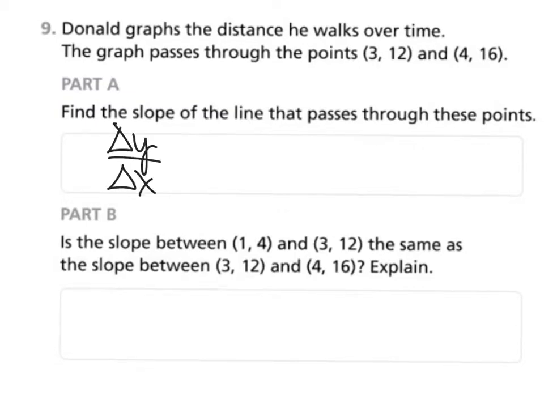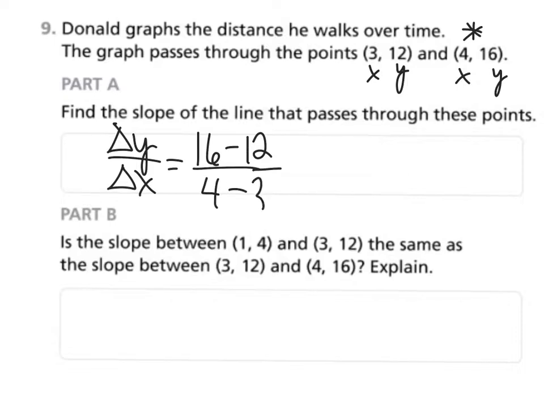So change in y over change in x, if we look at these points. For the change in y, if we want to make it easier, we might want to do 16 minus 12. Then the x's, we have to go in the same order. So since we start with the 16 for the y, we have to start with the 4 for the x.